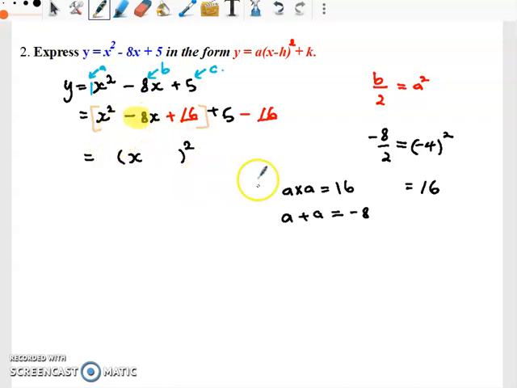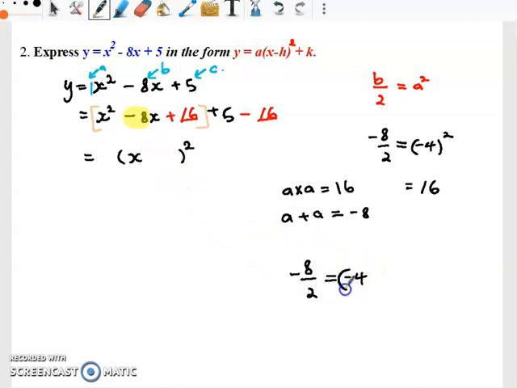And if that seems too complicated, what I want you to do is take your minus 8 and divide it by 2, and realize that you get your minus 4.